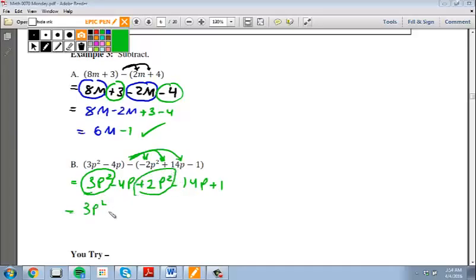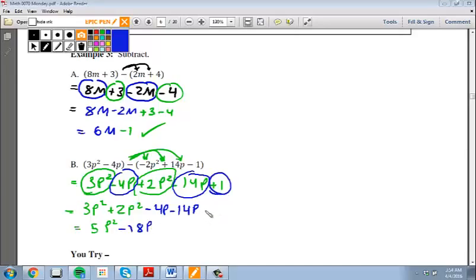That will be, what is that going to be? I don't know. 5p squared. And then, let's see, what do we have next? A minus 4p, and then a minus 14p. So minus 4p minus 14p is minus 18p. And then plus 1 at the end, so plus 1.